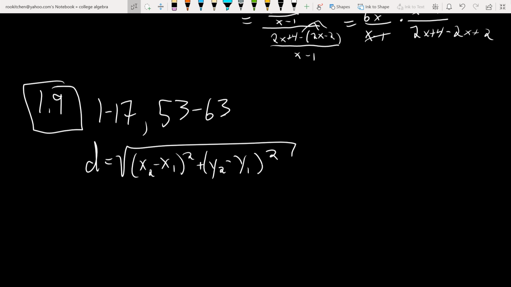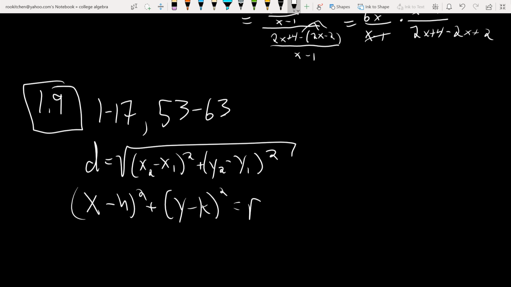It has a slope flavor to it. So you see the y2 minus y1 and the x2 minus x1. So it's a lot like slope. So you kind of combine it somehow and remember it that way. The circle equation is x minus h squared plus y minus k squared equals r squared.